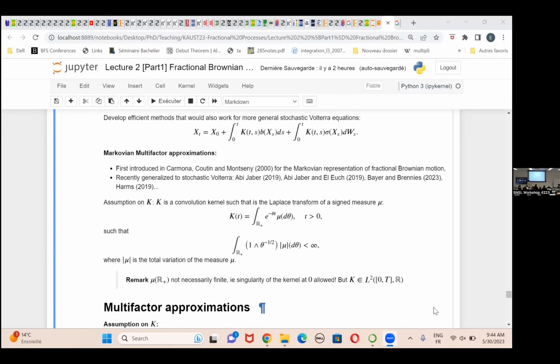So what's the idea here? This idea, at least in our community, dates back to a paper by Carmona, Coutin, and Montseny in the 2000s, but it's used in different fields, and it's difficult to keep track of the method.